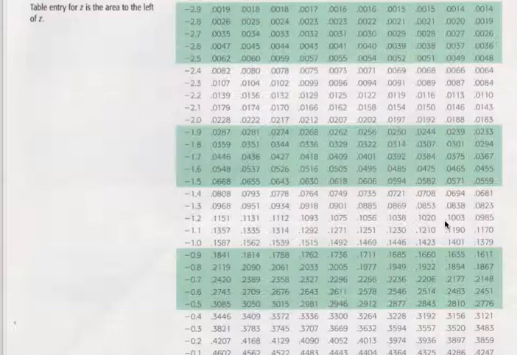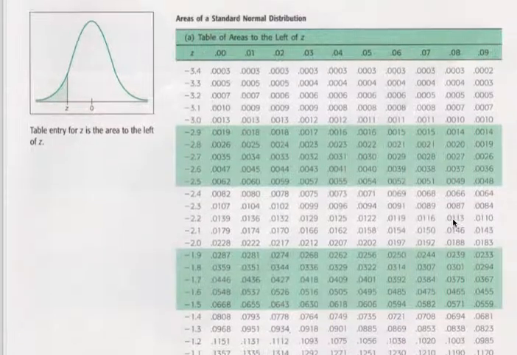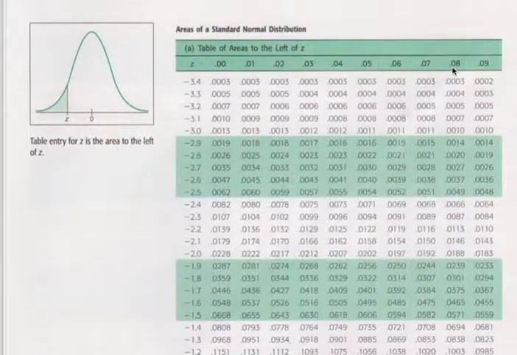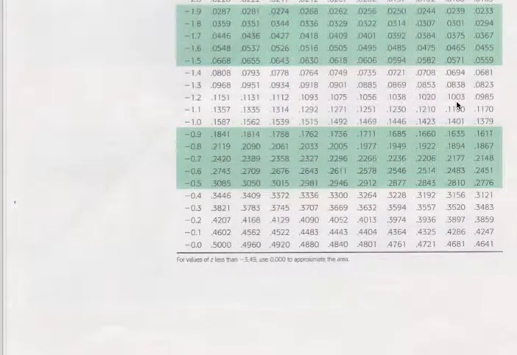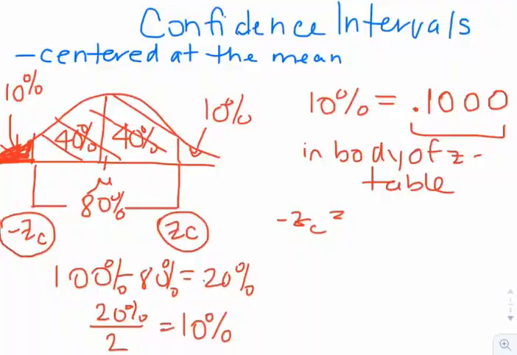What Z value is it? Let's see, we are on the row that is beginning with 1.2 and negative 1.2, and the column we are in is 0.08. So the value we're looking at is z equals negative 1.28.